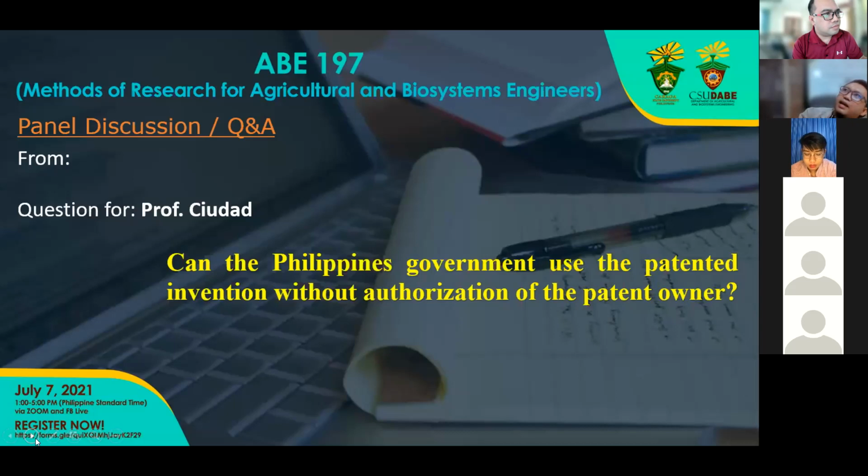And later on, the government realizes that it is the best, or perhaps even the only way, to solve a national level problem. So I think the government has that power to make use of the patent. But for petty reasons, it would appear as a violation, especially without authorization.